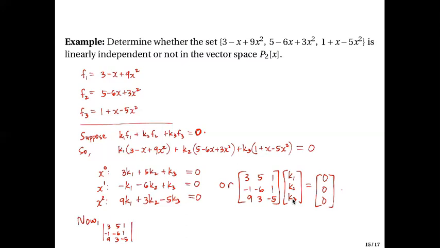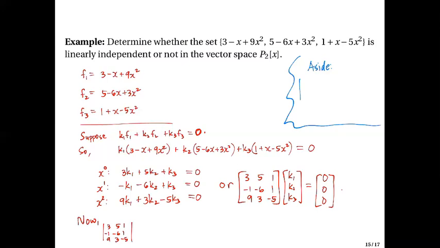You can use cofactor expansion, or we can use the method that is easier to use for 3 by 3. Okay, let us use that. So let me put some aside here.